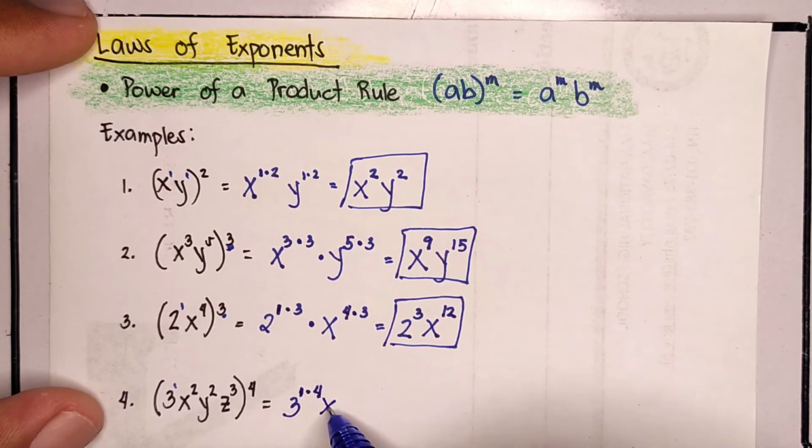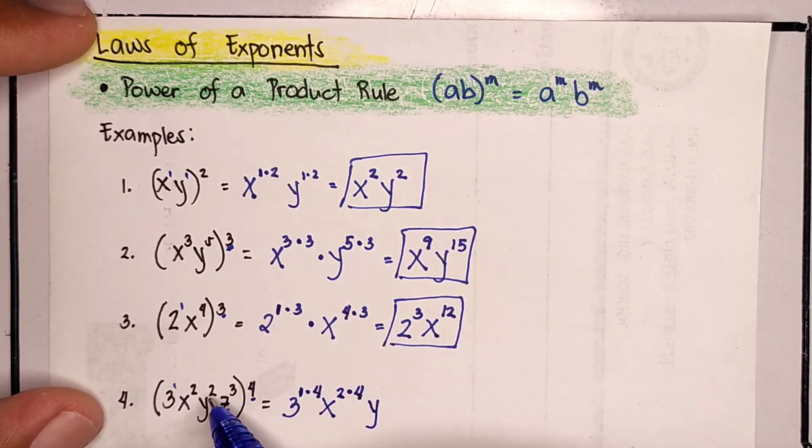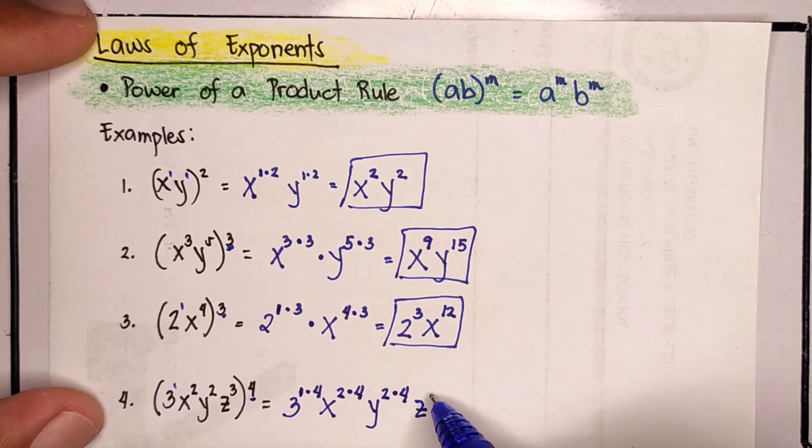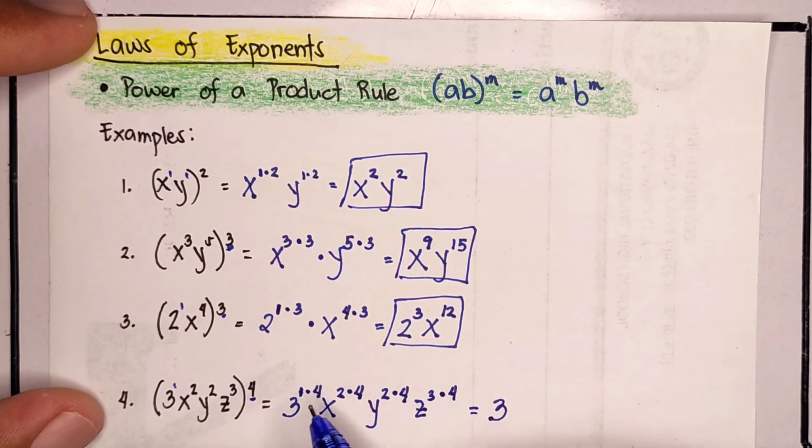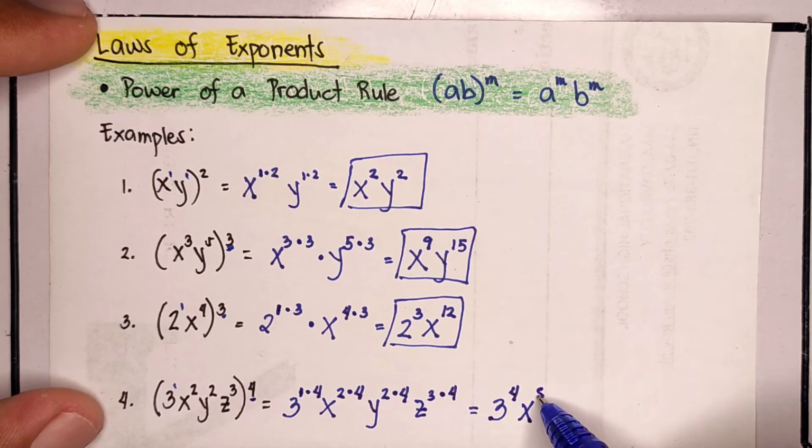And you'll have here x, the exponent is 2 times 4. y, the exponent is 2 times 4. And z raised to the power of 3 times 4. Okay, 3 first: 1 times 4 is 4. Followed by x: 2 times 4 is 8. Followed by y: 2 times 4 is 8.